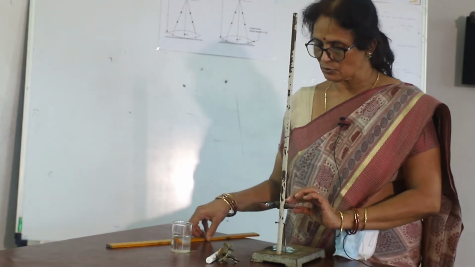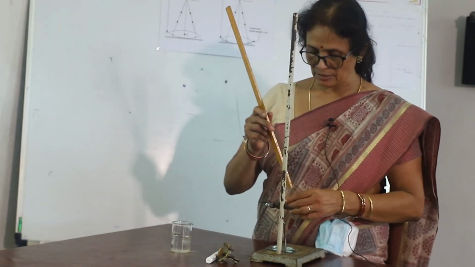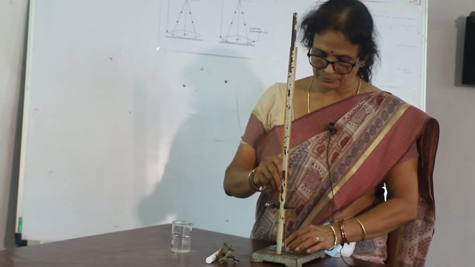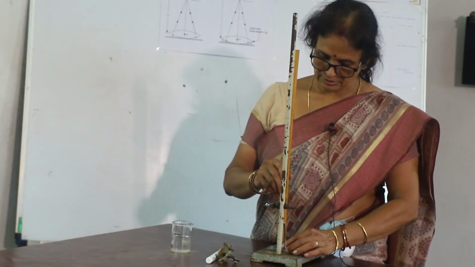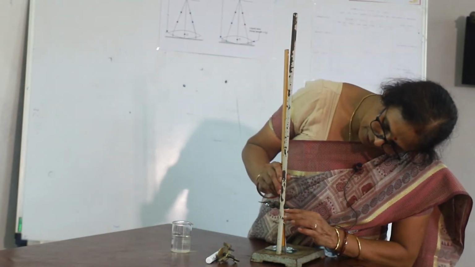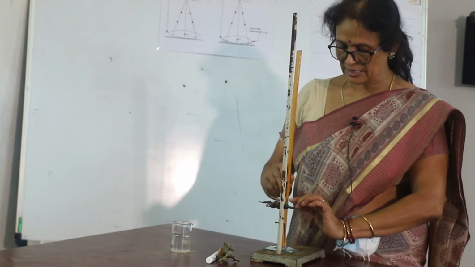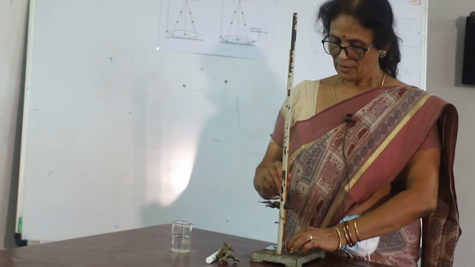So what will you do? You may use a plumb line, or simply use a scale, keeping the scale vertically above the lens to measure the distance of the needle tip from the lens. Now it comes around 11.3 centimeters. So we measure the distance of the lens from the needle tip.